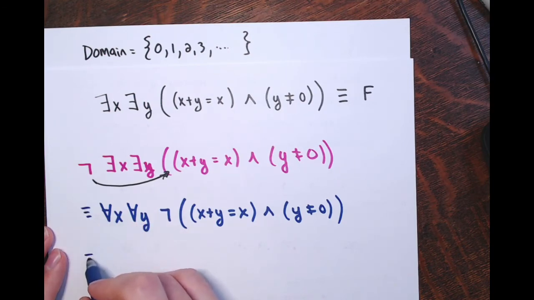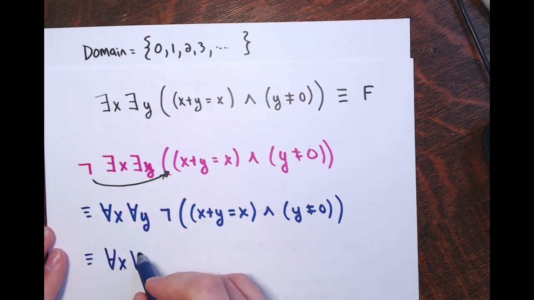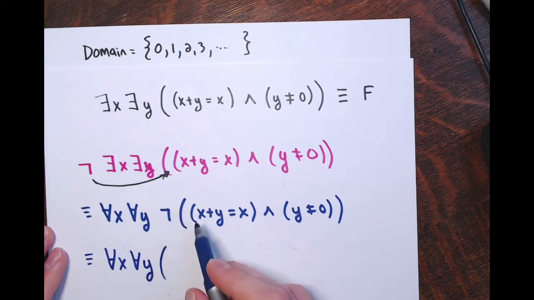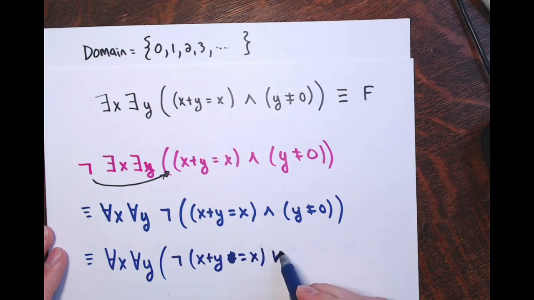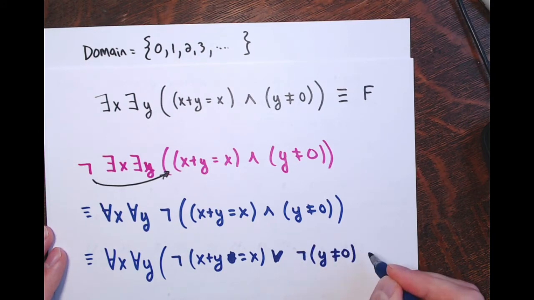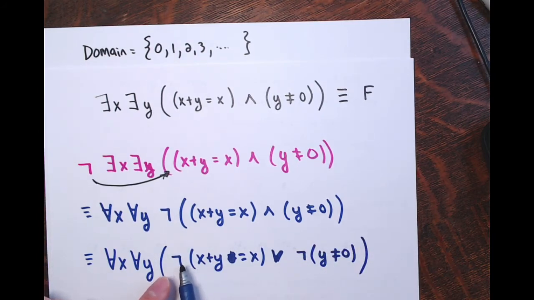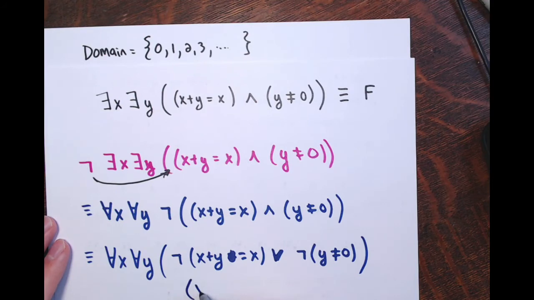This is logically equivalent to: for every x and for every y, it is not the case that x plus y equals x, or, flipping the and to an or, it is not the case that y is not 0. But instead of writing not, not, we could simply write x plus y is not equal to x, or y equals 0.